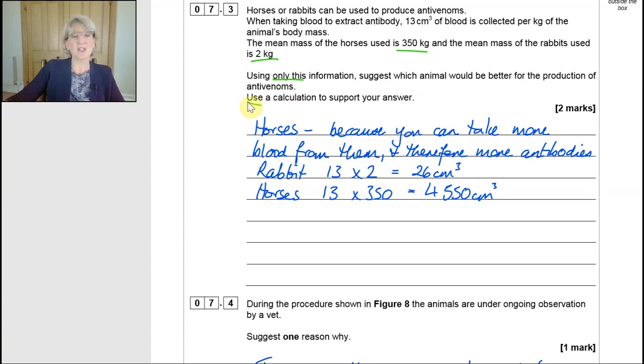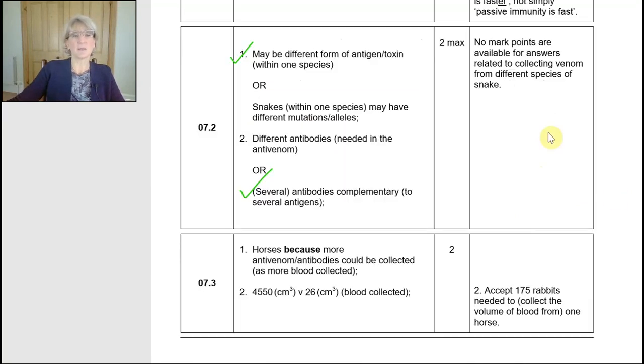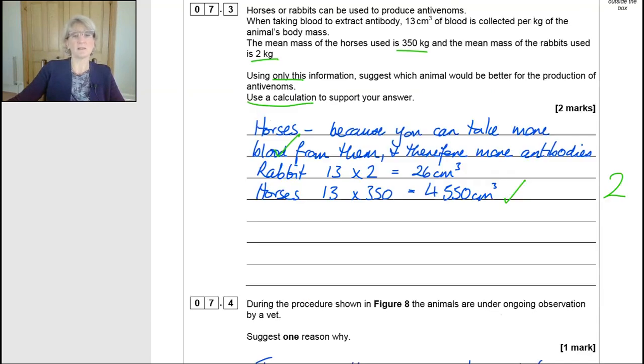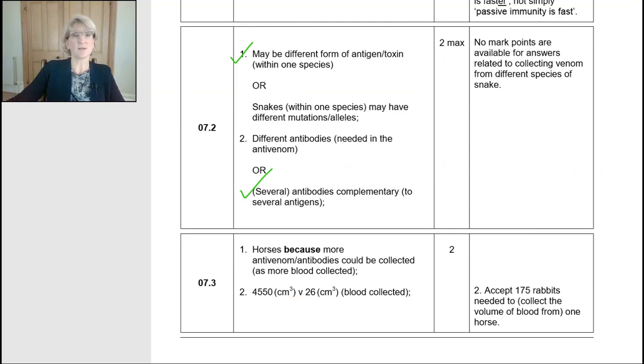And it says use a calculation to support your answer, and I have done that. I know that more blood is one of the answers, and then this is the other answer. So I did get the 2 marks. Here we go. More antibodies collected. Did I write that? Therefore, more antibodies. Yes, I did.